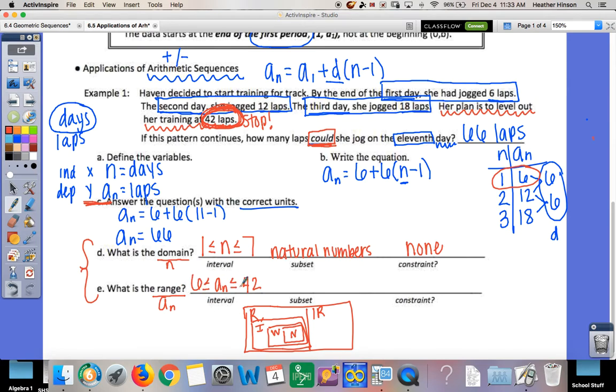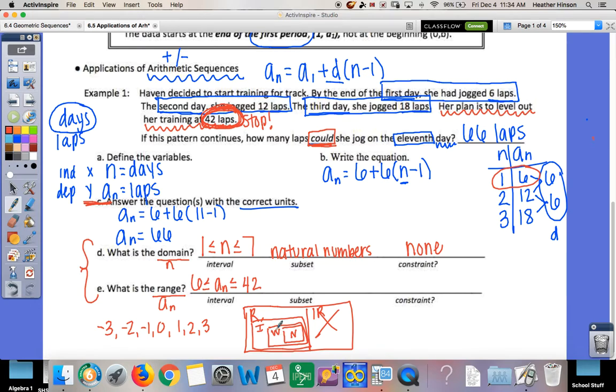Now, 6 to 42, what type of numbers are those? Are those rational or irrational? Those are going to fall on the rational side, normal numbers, no crazy decimals. Then, are they integers? Integers are just regular numbers with no decimals, no fractions, any of that. Yes, those don't have decimals and fractions.